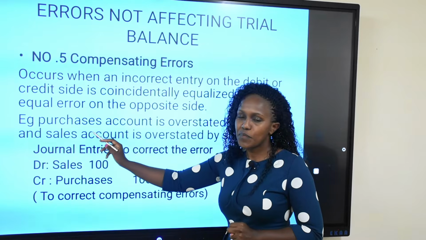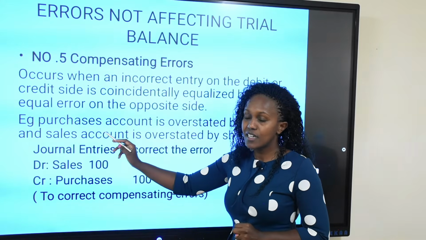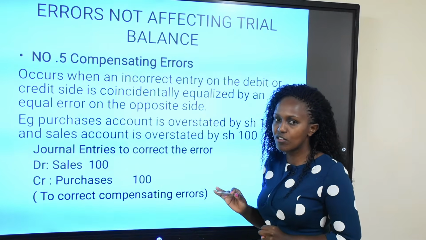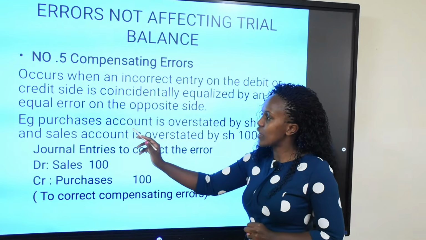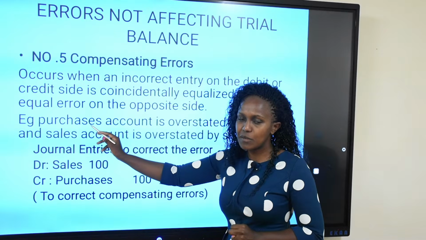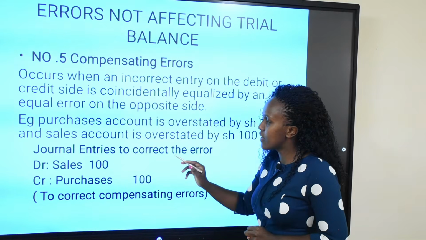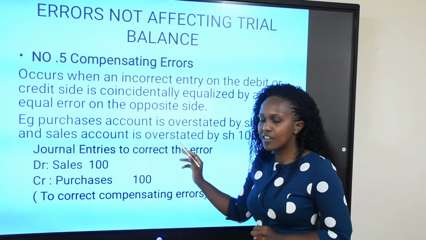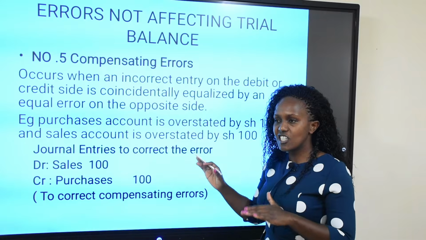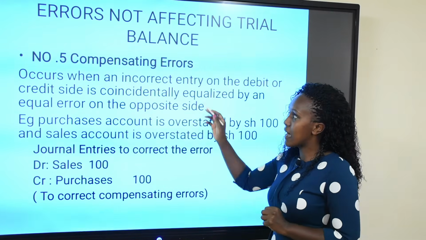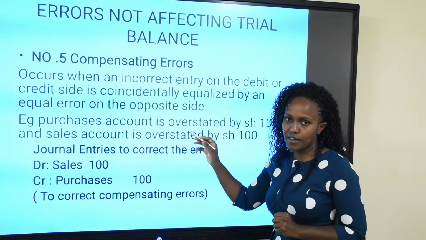Both of them are overcast. Each one of them has 100 shillings above what should have been recorded. So those two errors, purchases overcast by 100 on the debit side and sales overcast by 100 on the credit side, are cancelling each other or balancing off each other. These errors are compensating each other.